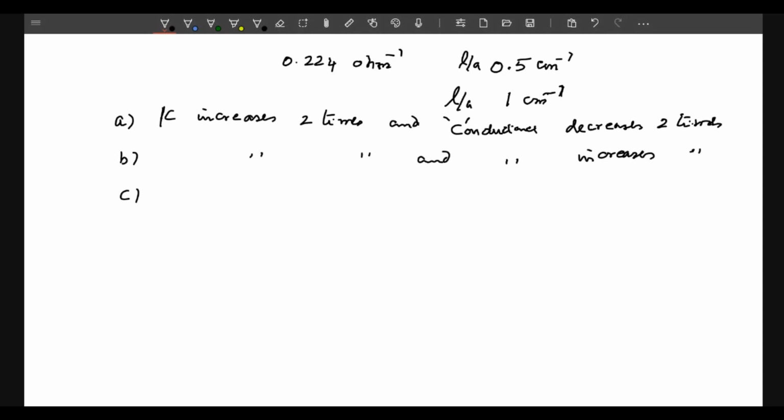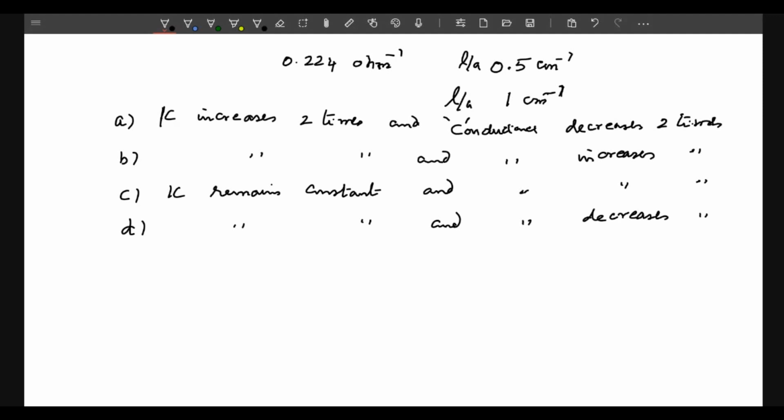C, kappa remains constant and conductance increases 2 times. D, kappa remains constant and conductance decreases 2 times.